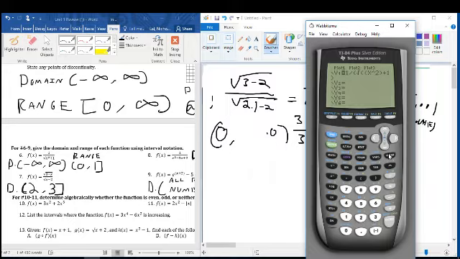If I have the function, the square root of 3 minus x divided by the square root of x minus 2. Let me go to the table, right?